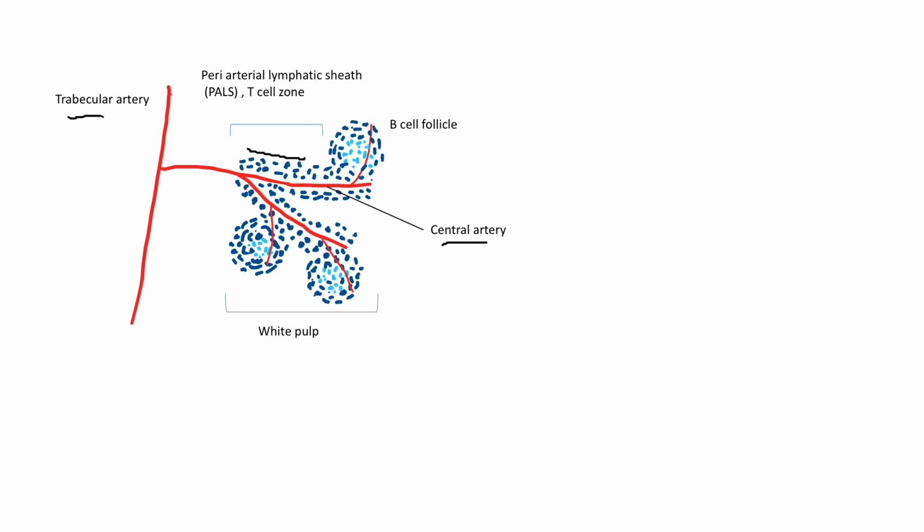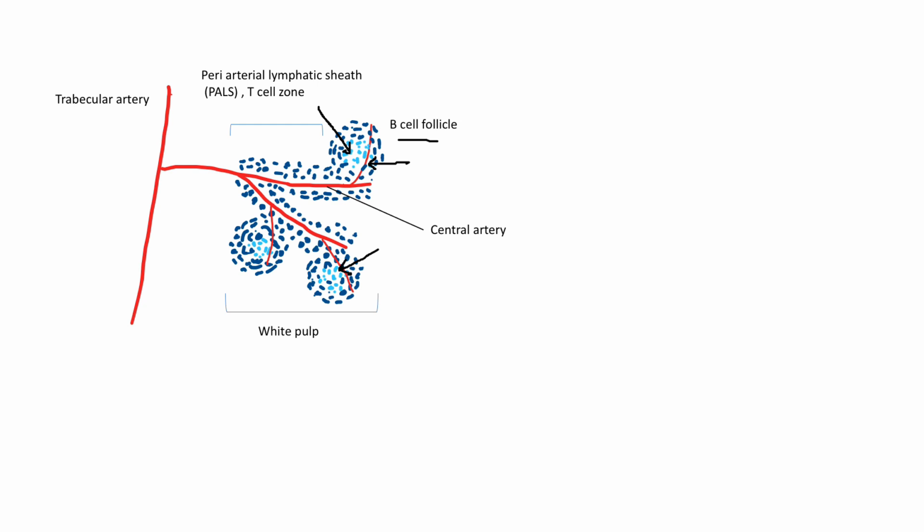So this is the T cell zone, and T cells are present around central arteries. Adjacent to the T cell zone, B cell follicles are present, and these follicles are supplied by branches of the central artery. And like a lymph node, after interaction with antigens, these follicles develop pale appearing germinal centers.